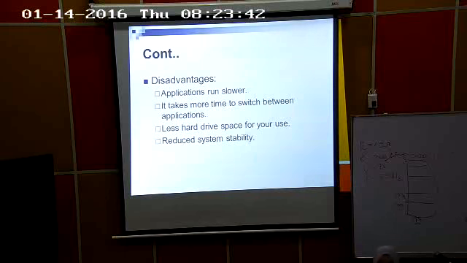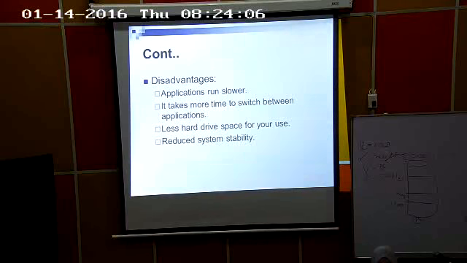What do you mean by that? Do you have any idea? Less hard drive space. Okay, the concept of memory swapping, how does it work? From main memory to hard disk.